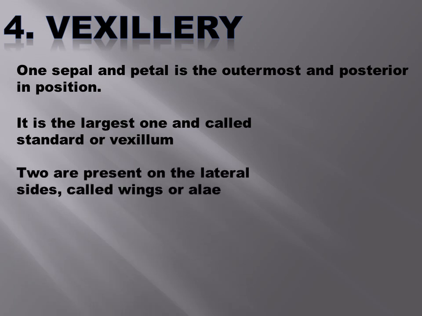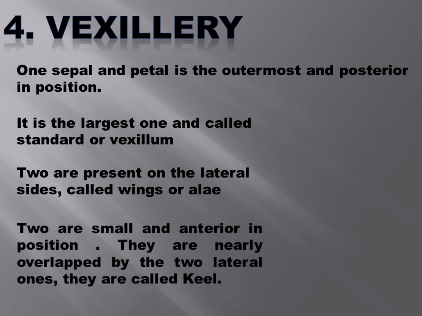Two are present on the lateral sides, that are called wings or alae. And two are small and anterior in position. They are nearly overlapped by the two lateral ones. They are known as the keel. So the keel is overlapped by the wings, the two lateral sepals or petals of the flower.